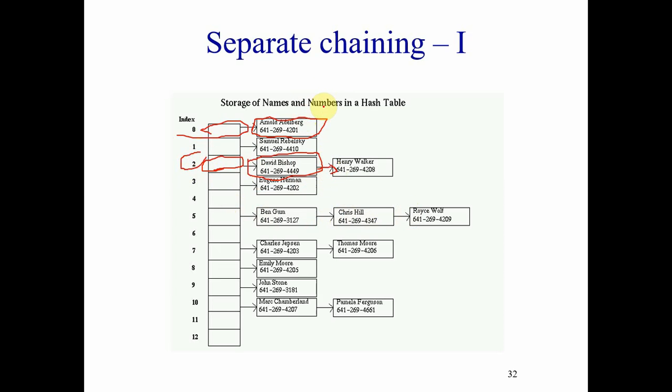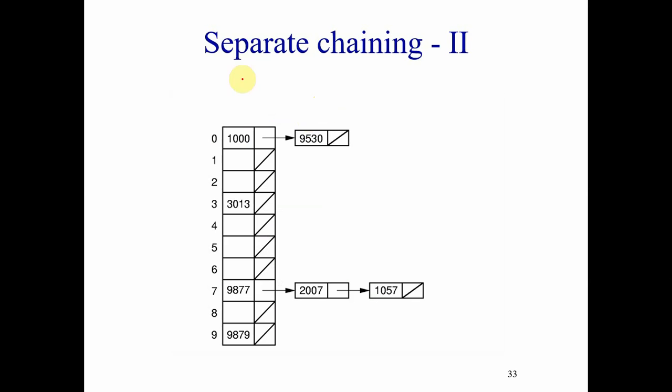This is the common understanding and one implementation. There's another implementation using separate chaining, in which the first bucket is not only used to store the reference to the next one, but can also be used to store the value.